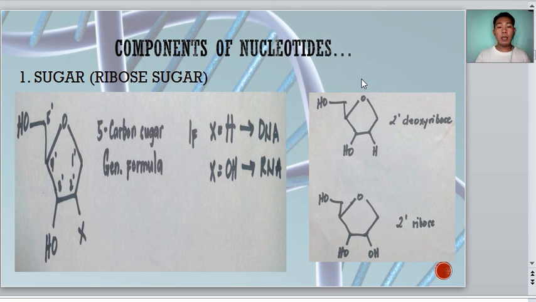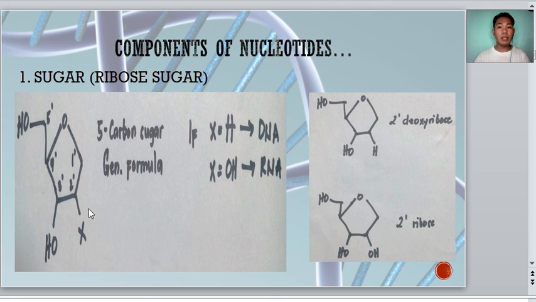So let's take a look into the components of nucleotides. First, we have the sugar. This is the typical structure of the sugar of the nucleotide. As I have said, this is a ribose sugar that contains 5 carbons.